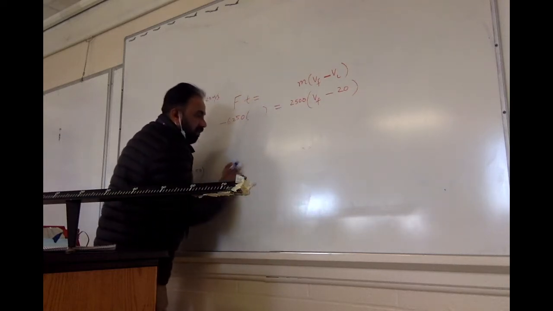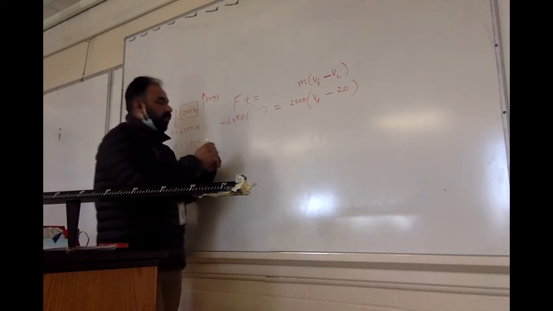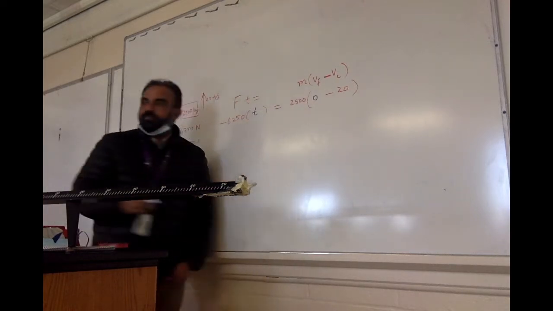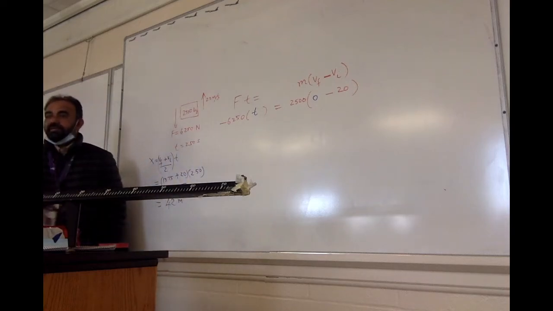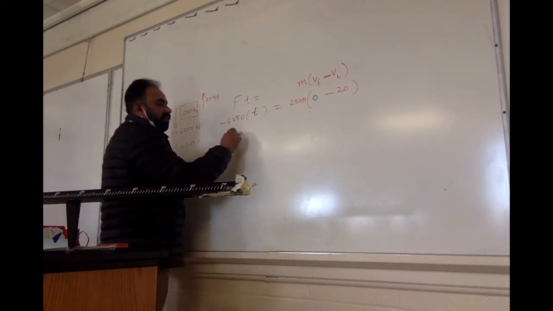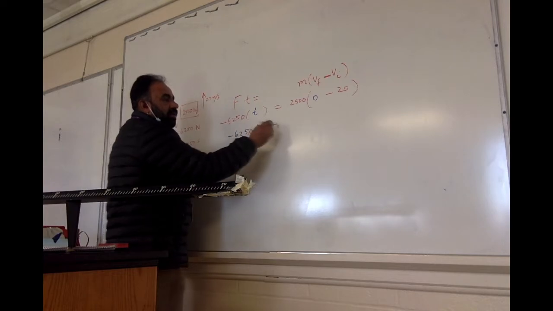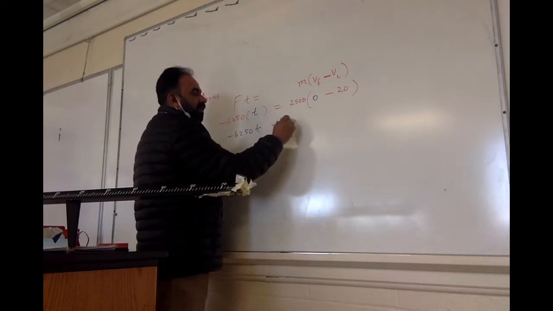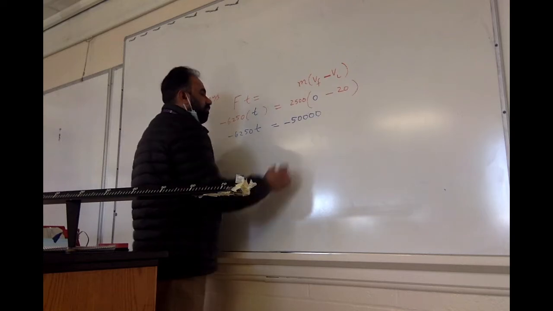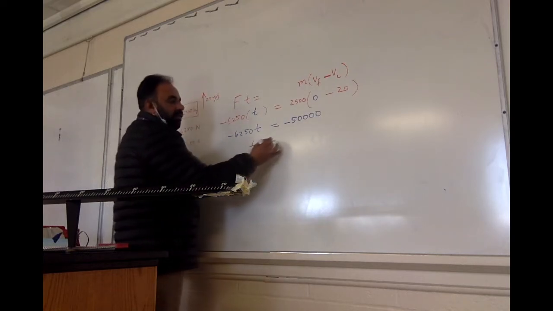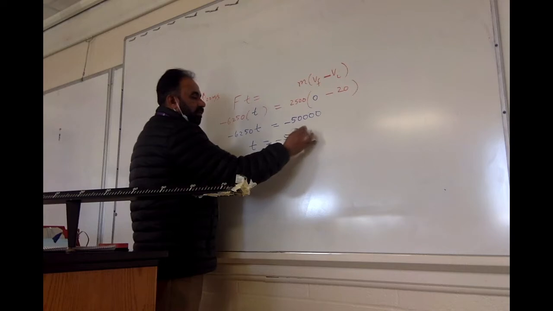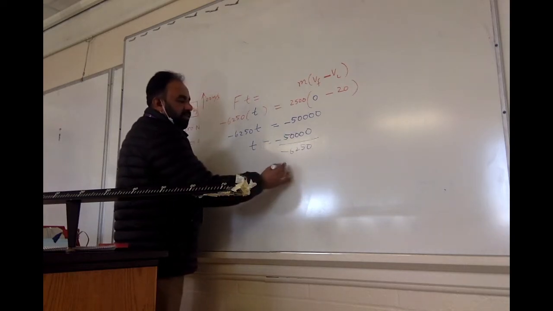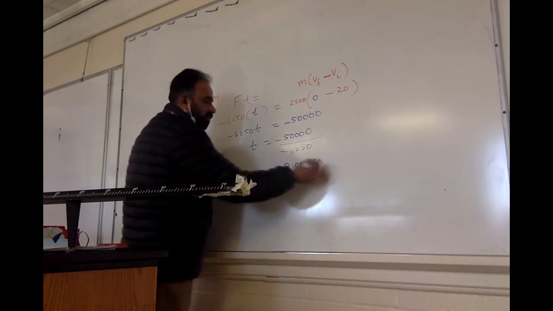For the last part, this is what the question is asking you to find out, and this is 0. Rework it. So negative 6250t is equal to 2,500 times negative 20, which is negative 50,000. So t equals negative 50,000 divided by negative 6250, and the answer is 8.00 seconds.